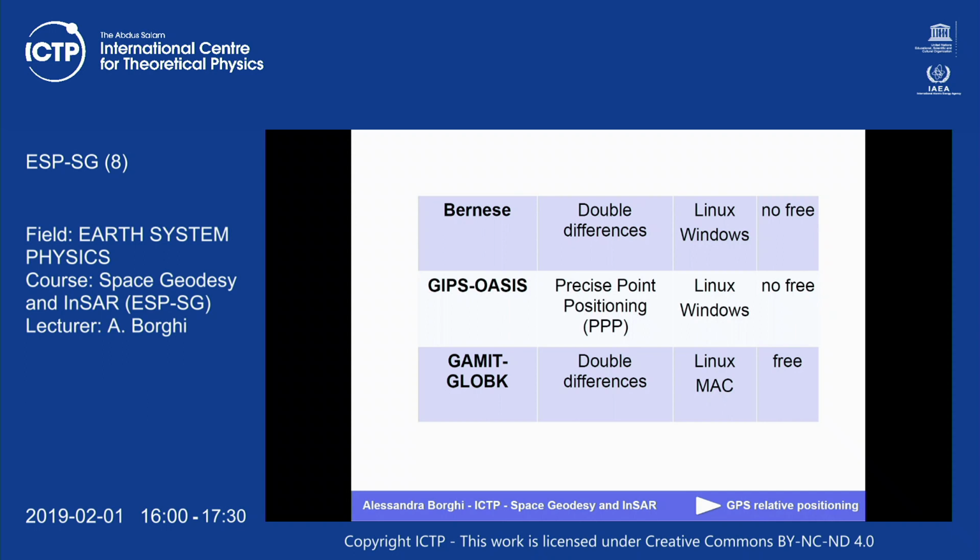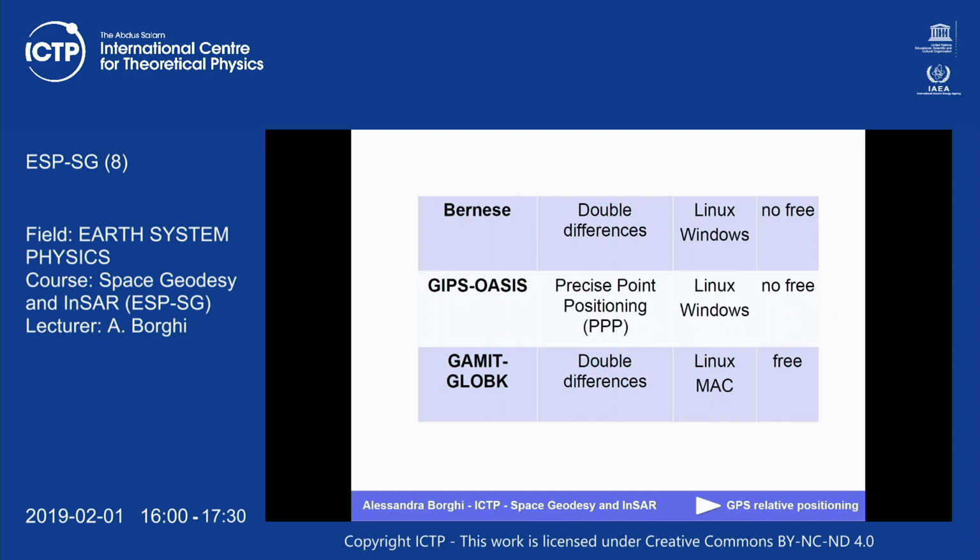This option is also present in Bernese and GAMIT, but I don't really know how they can obtain the same precision. The important thing is the quality of the program.